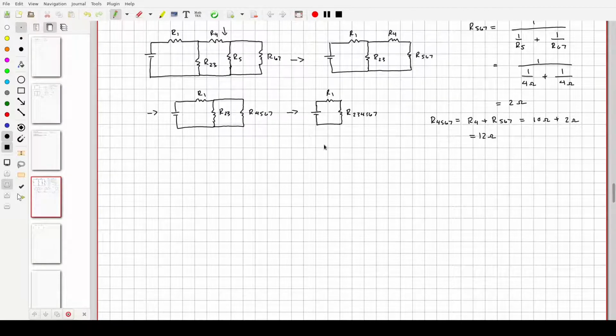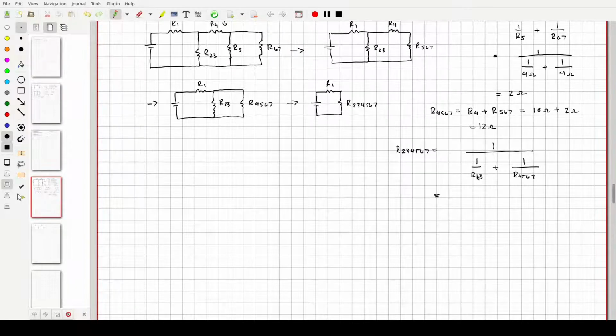It's pretty big. But again, they're in parallel. So R234567 is going to be 1 over R23 plus 1 over R4567.